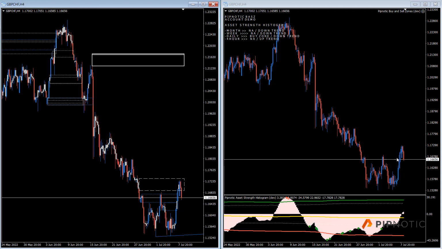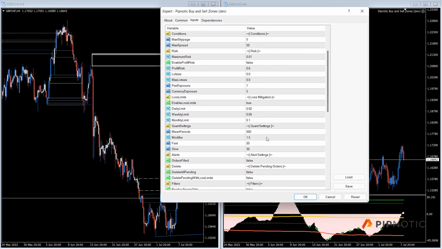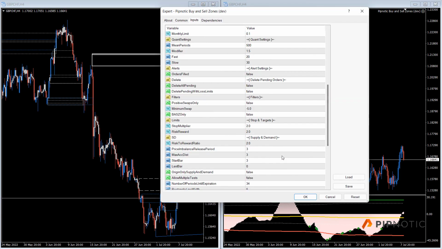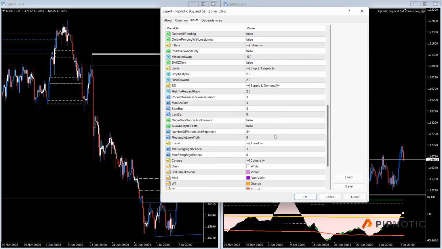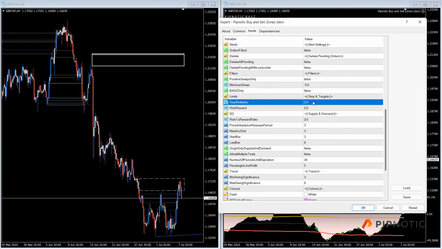The stop multiplier is looking at the size of this area's supply, and it's multiplying its size by the value that we have specified here. So it's looking at the size of this area and multiplying by 2.